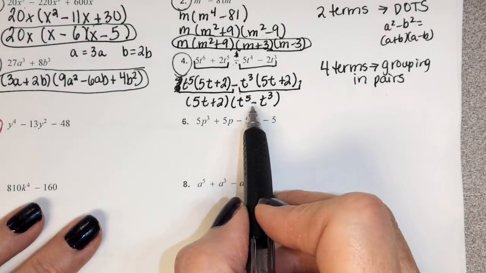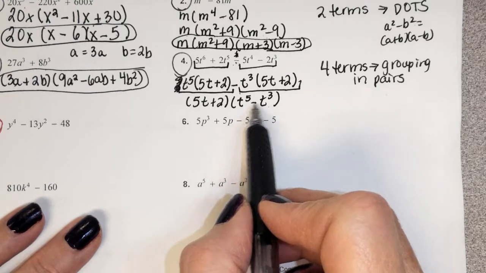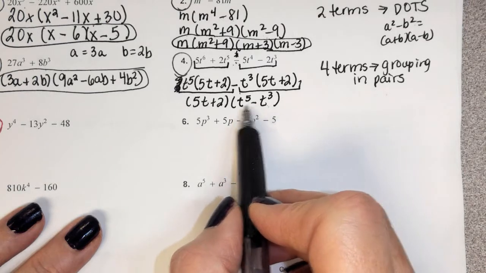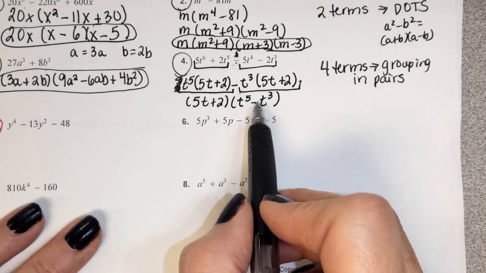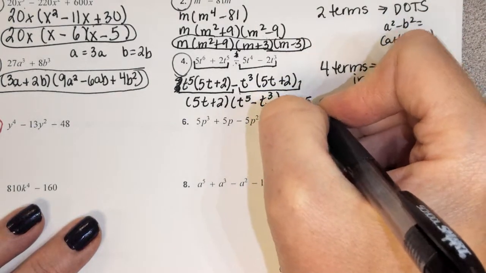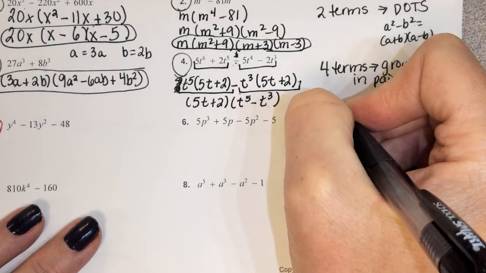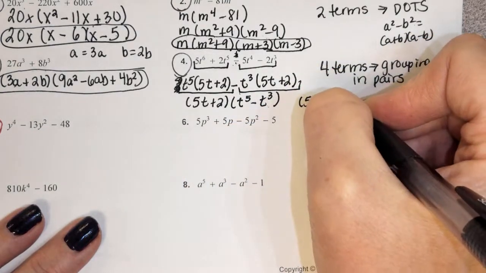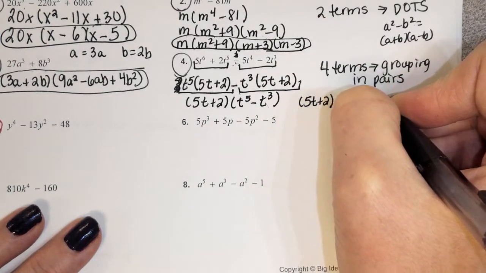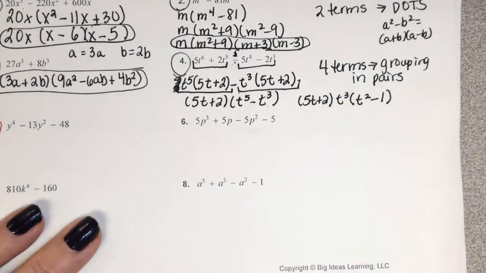Now, look at this though. What's the problem here? Do these have a common factor? Yes. What's the common factor there? T to the 3rd. So I would now have to factor a t to the 3rd out of that. So I'm going to have a 5t plus 2, and out of here I'm going to factor out a t cubed, and I'm left with t squared minus 1.